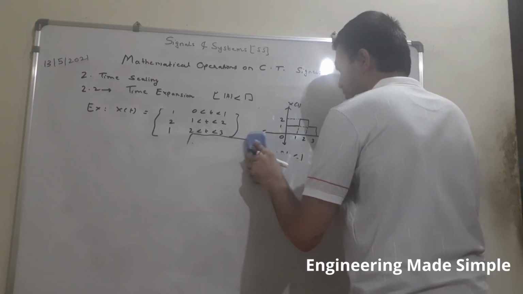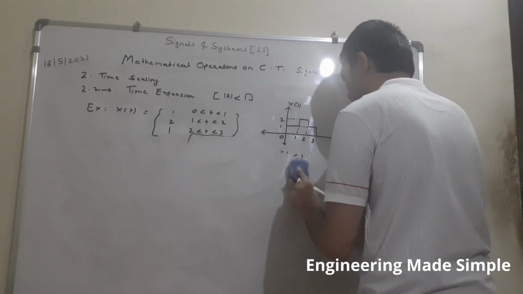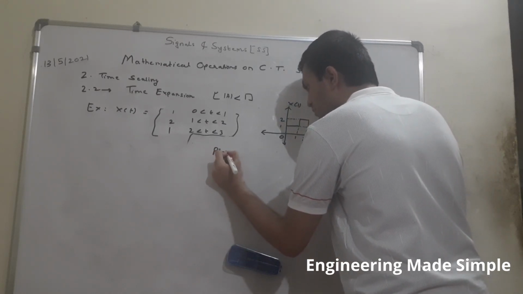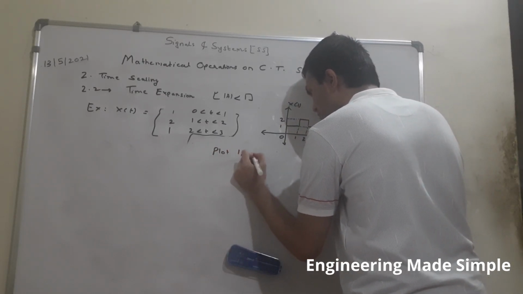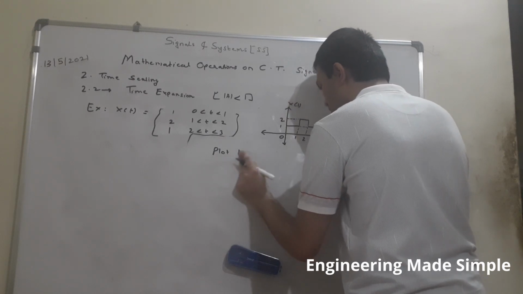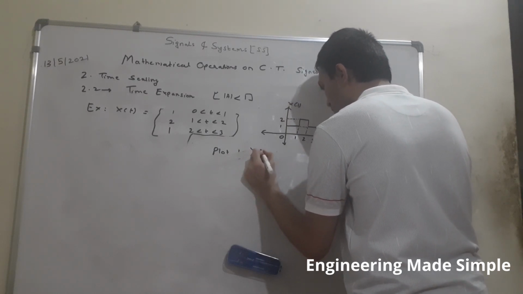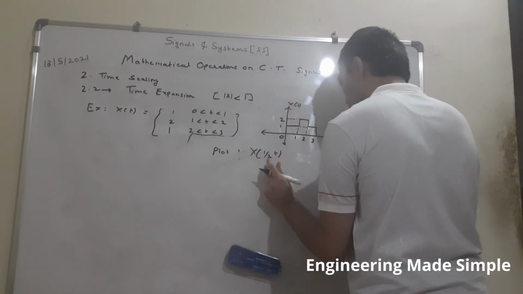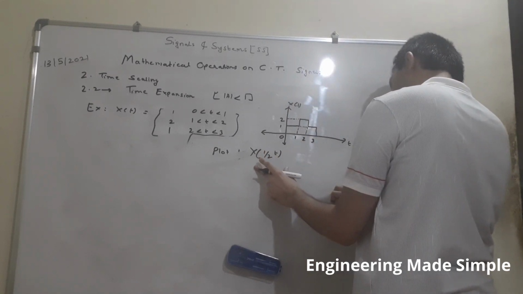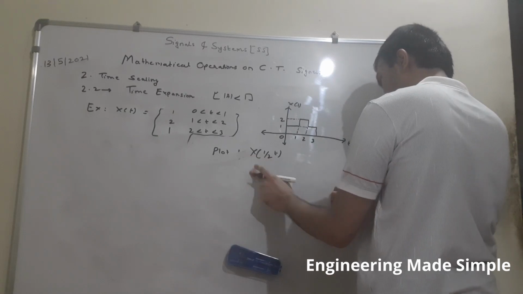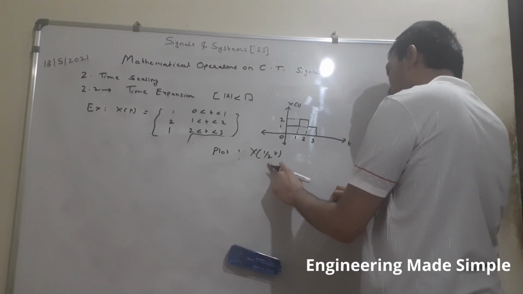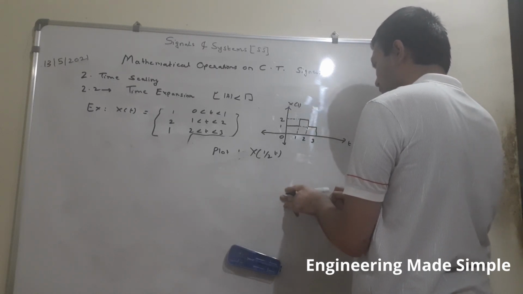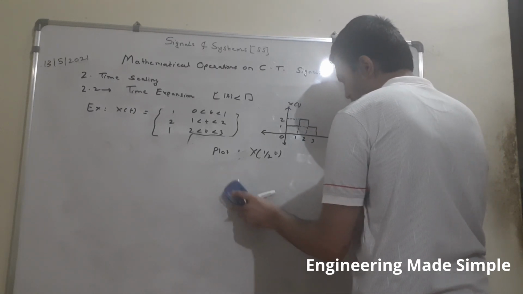The amplitude value will remain unchanged here also. Now we are plotting x of 1 by 2t. Whenever we have a value which is less than 1, in this case we multiply the time axis with that value.